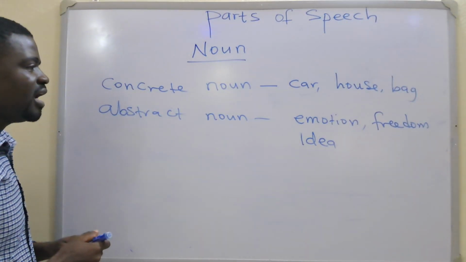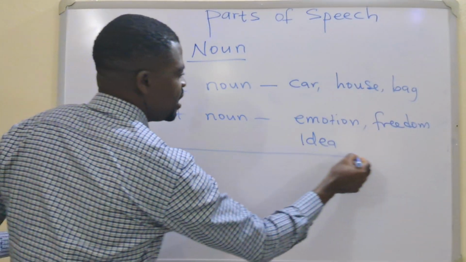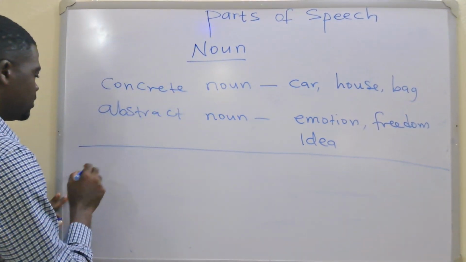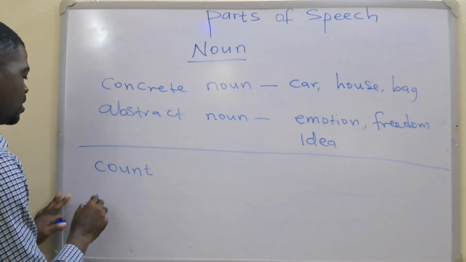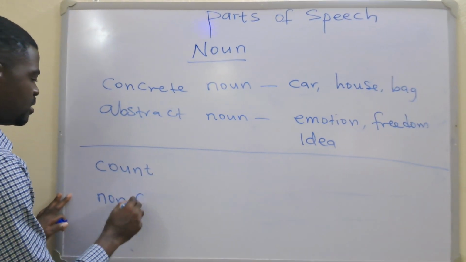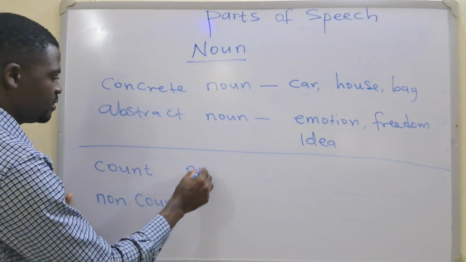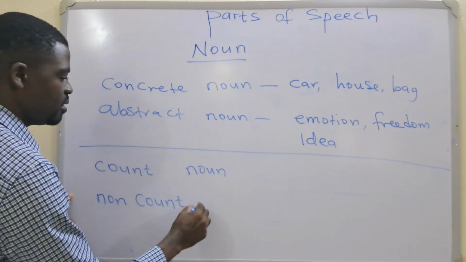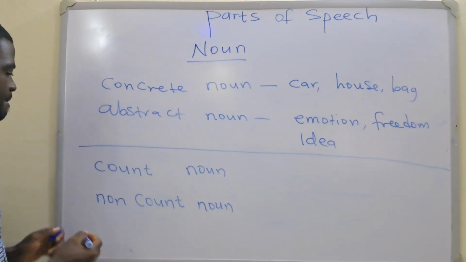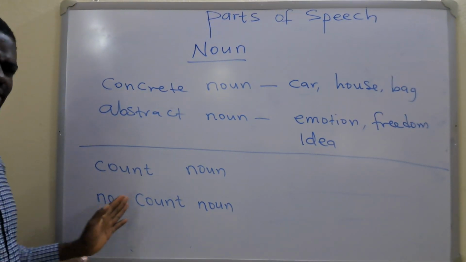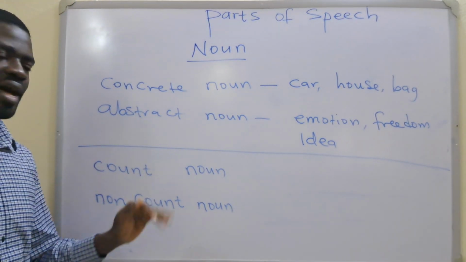We can also describe nouns as count and non-count nouns. Count noun, non-count noun, or uncountable. Yeah, we're told we have countable and uncountable nouns.